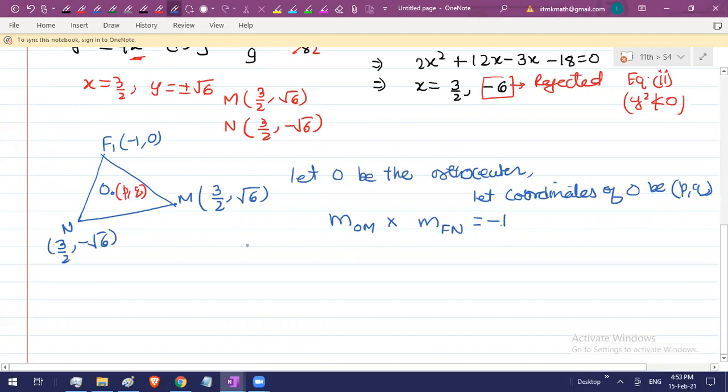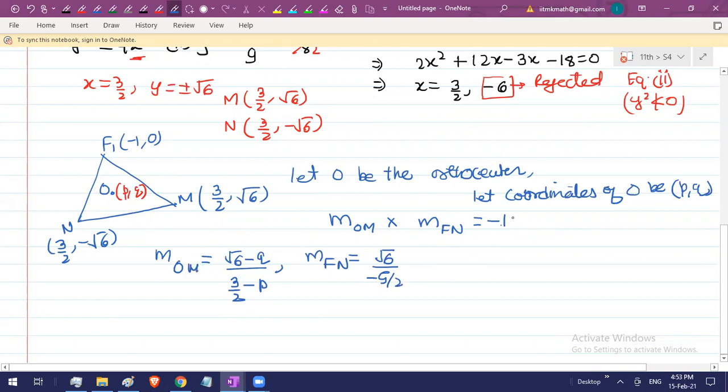Now if you calculate the slope of OM separately, you will write root 6 minus Q upon 3 by 2 minus P, and the slope of FN will be root 6 upon minus 5 by 2.